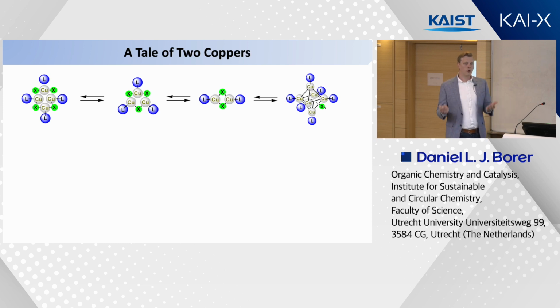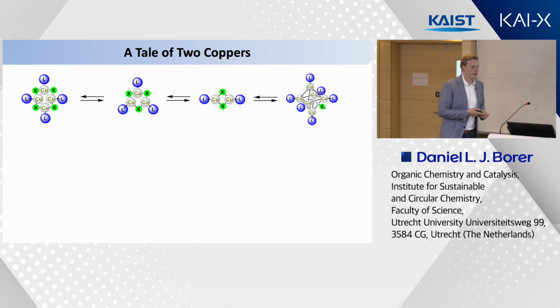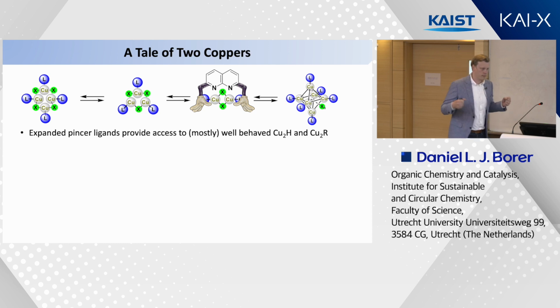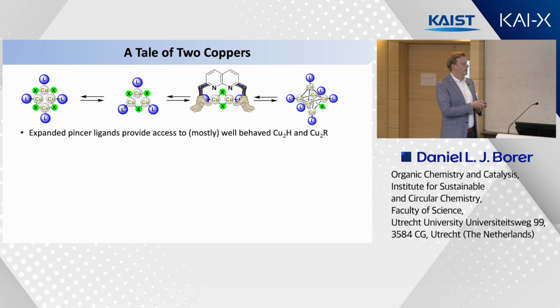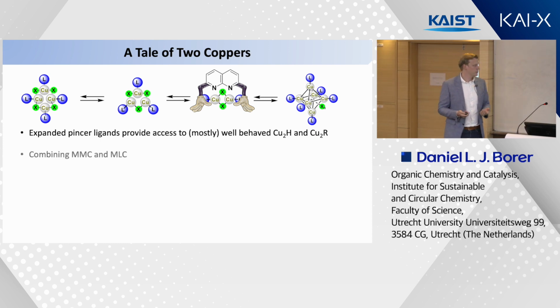What I hope came across is that copper hydride and copper alkyl species are very dynamic in solution. But using our expanded pincer ligands, we can stop that equilibrium and gain access to mostly well-behaved dicopper systems, enabling us to study the inherent reactivity of dicopper species.